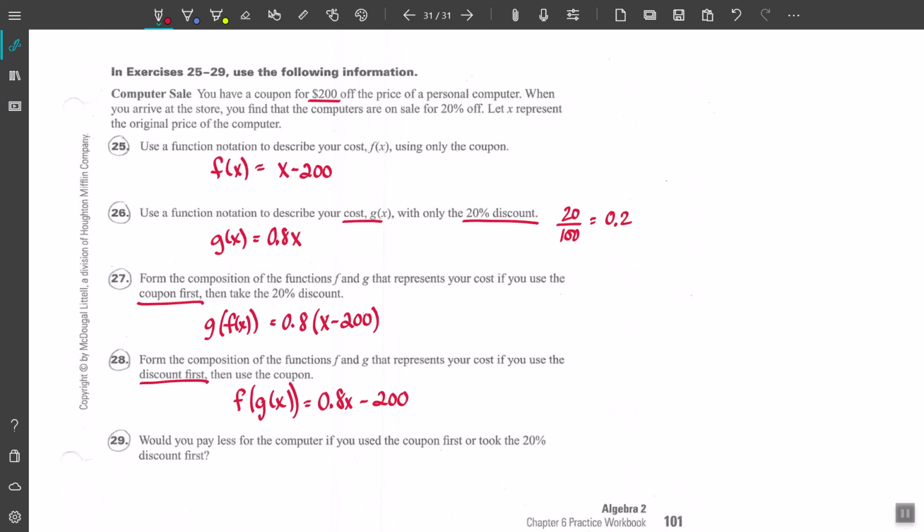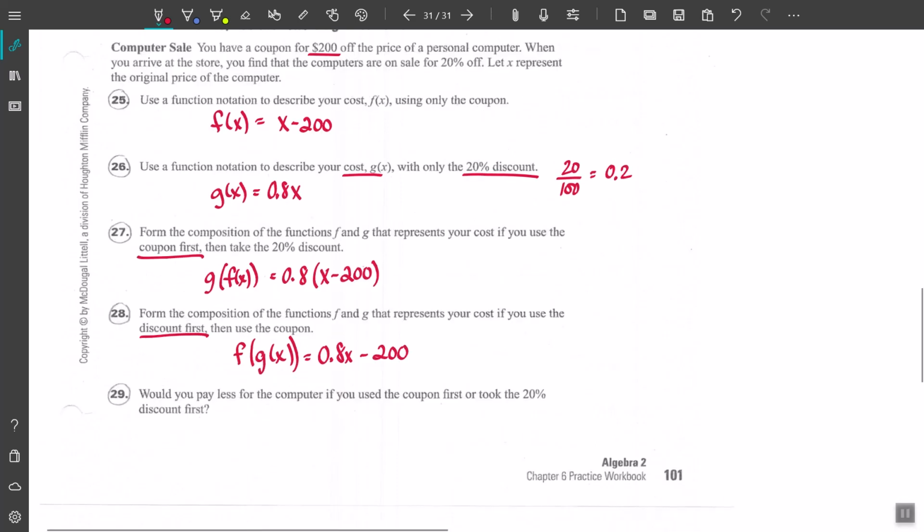So 29 asks, would you pay less for the computer if you used the coupon first or took the 20% discount first? So probably the easiest way to show this is just to pick a random number for the original price of the computer and evaluate at each of these.